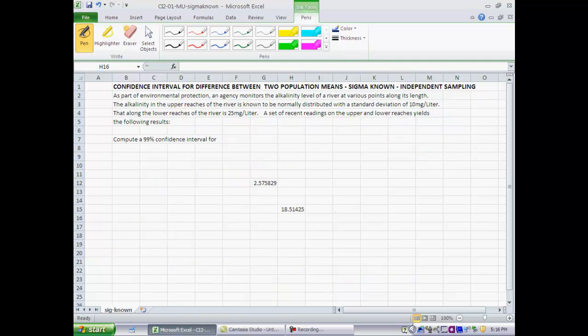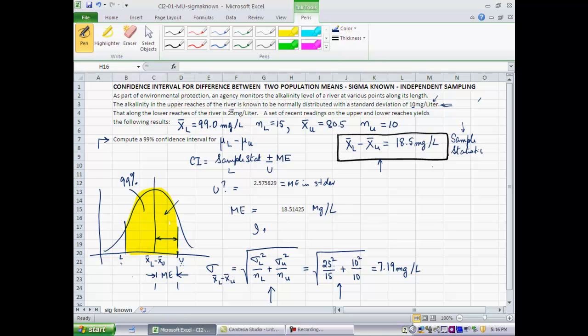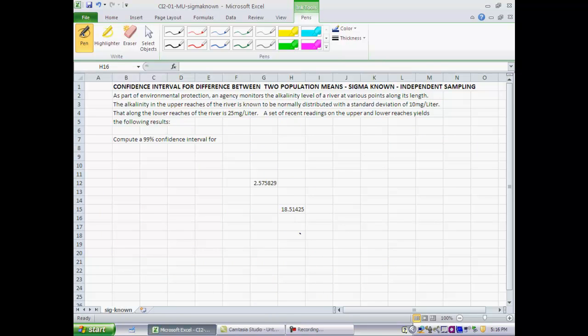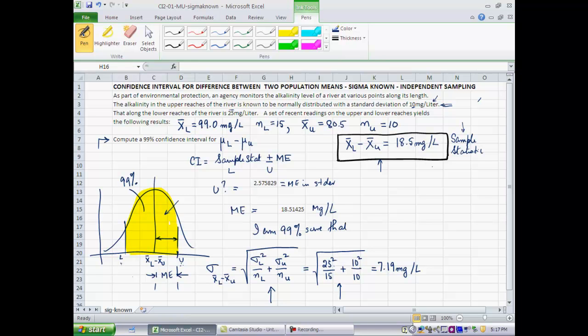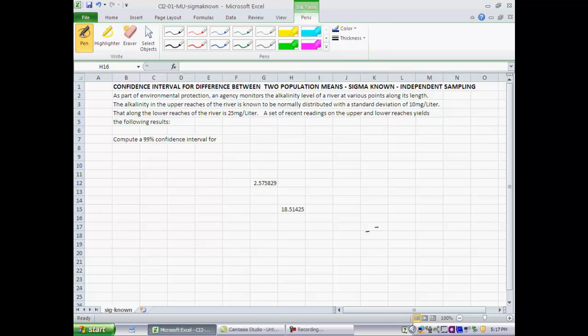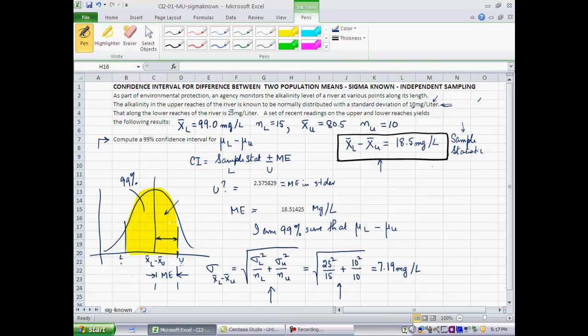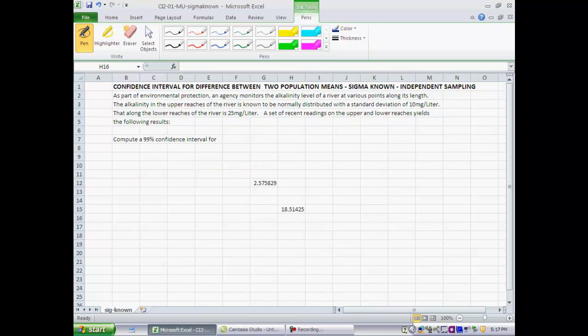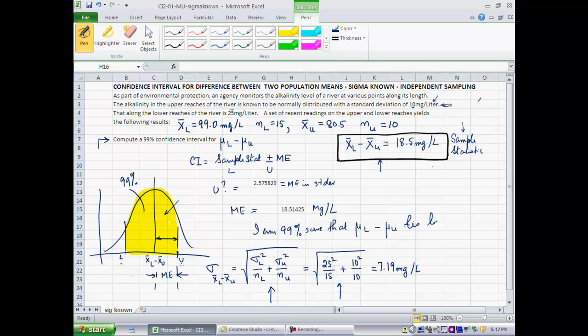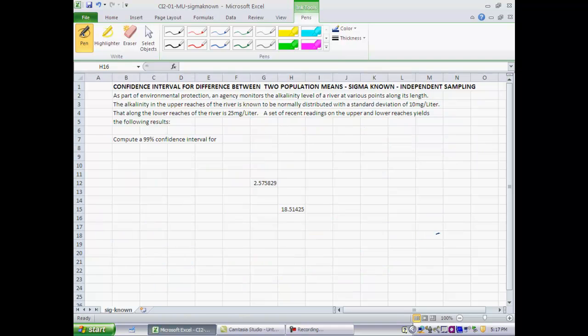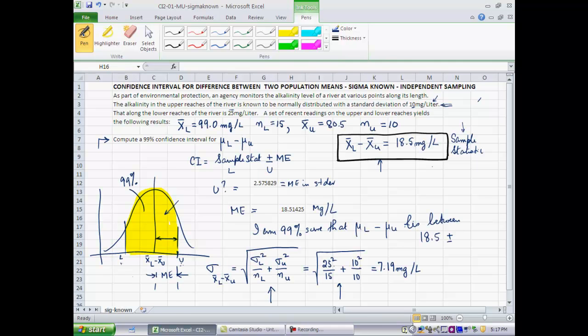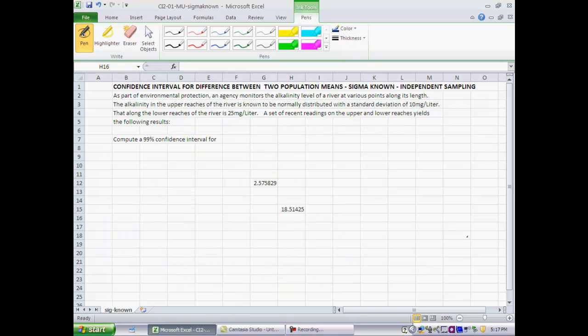All right, so what is the end result of this calculation? I am 99% sure that mu L minus mu U, the difference in the average alkalinity in the lower and upper reaches of the river, lies between 18.5 milligrams per liter plus or minus 18.51.